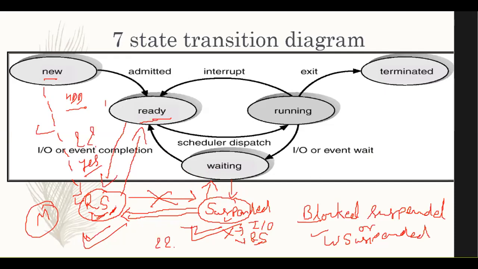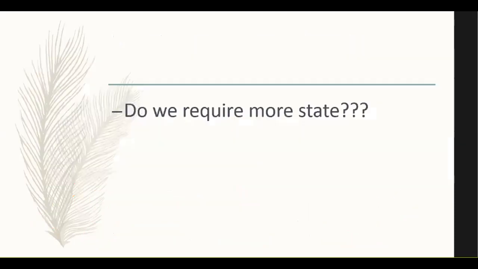Now, do we require more states? I am leaving today's lecture with this question: do we require more states? Think about this, and we will discuss it in our next class.